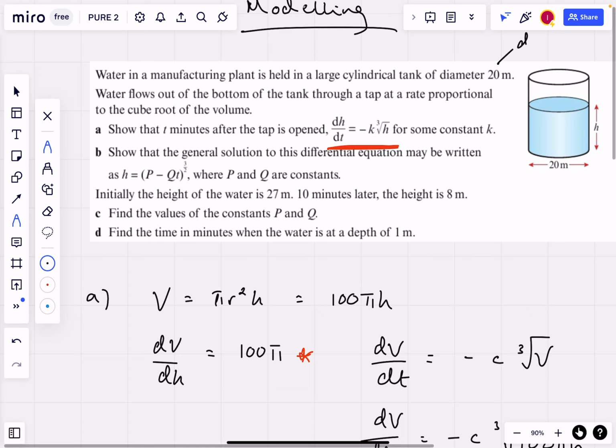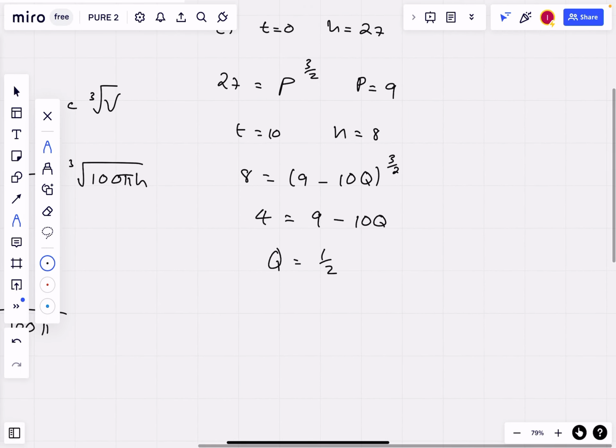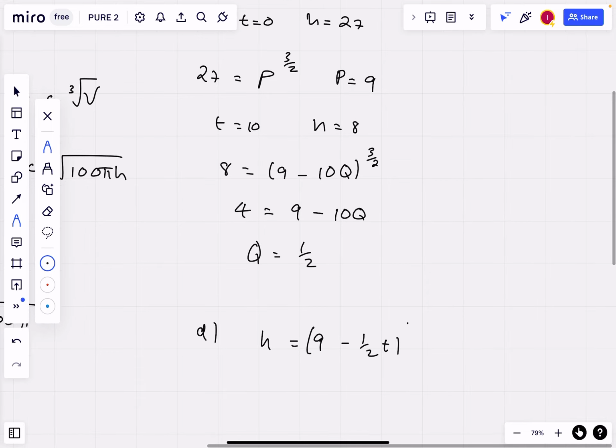Find the time in minutes when the water is at a depth of 1. Right. So we're going to take our new values for P and Q. So H equals 9 minus a half T all to the power of 3 over 2.